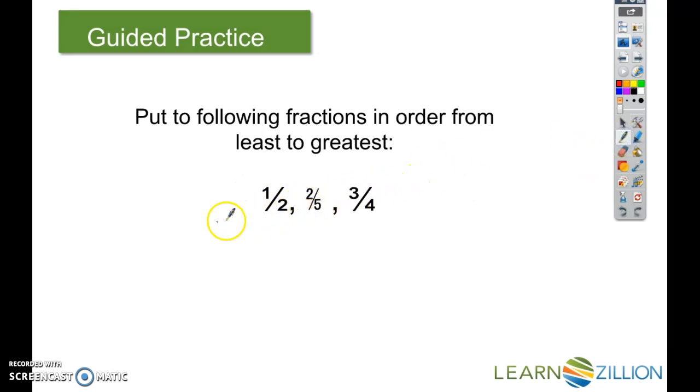Just to get you started before you pause it, I would do 1/2, 2/5, and then 3/4, and try to find that common denominator like we did in the previous example. All right, so pause the video, put them in order, and then hit play again and see if you got it correct.